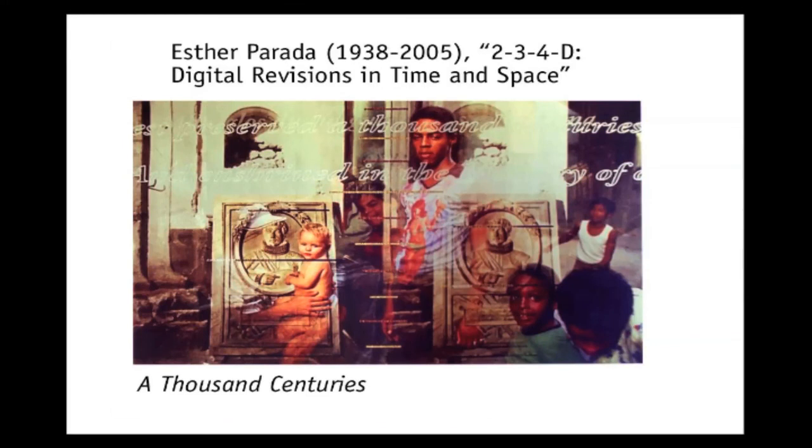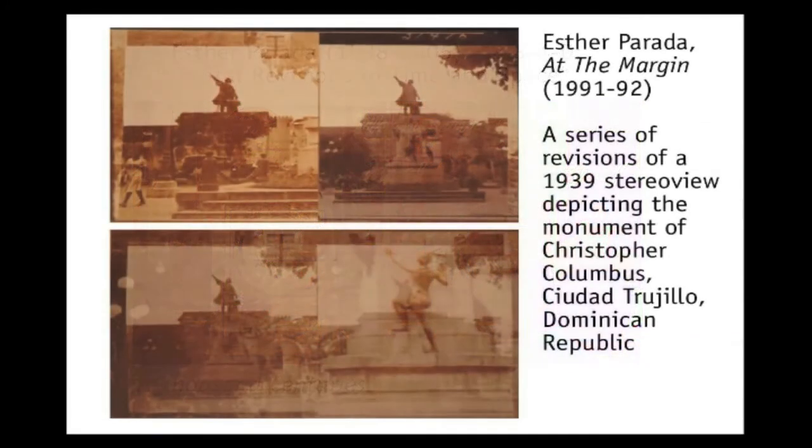So, for example, taking colonial representations of Latin American monuments in 3D, found stereoscopic views like this monument of Christopher Columbus from the Dominican Republic, and then by means of layering and modification starting to deconstruct that ideology that is linked with that 3D space and that stereoscopic representation of power.